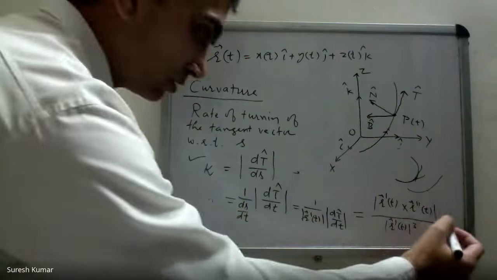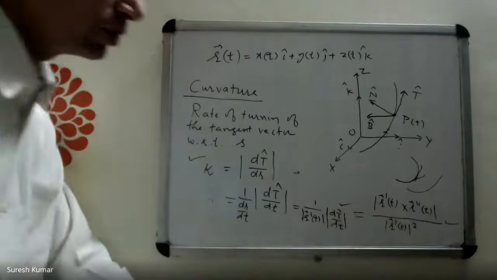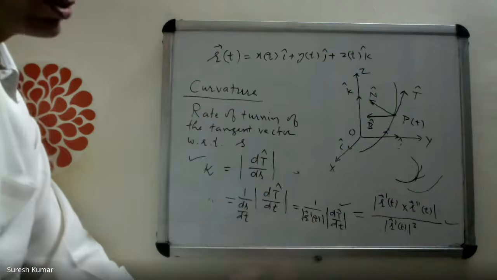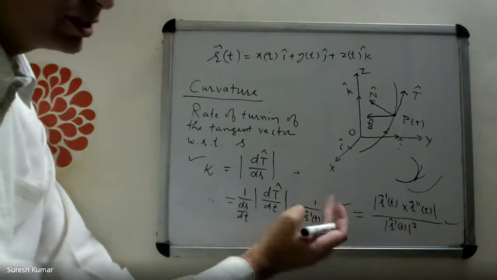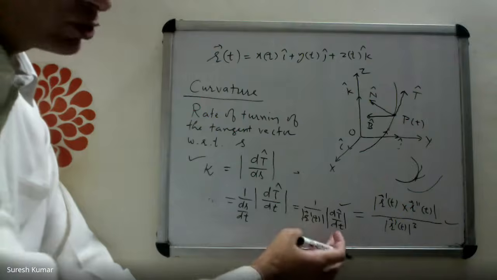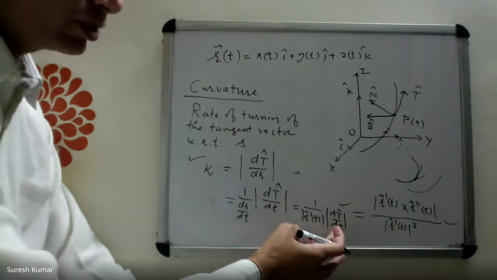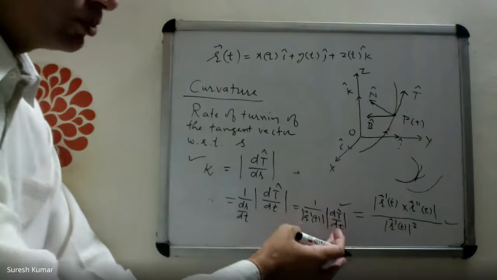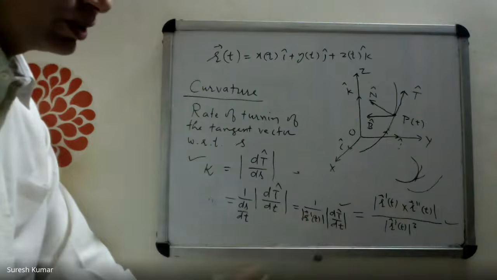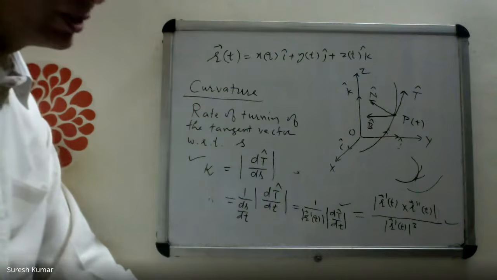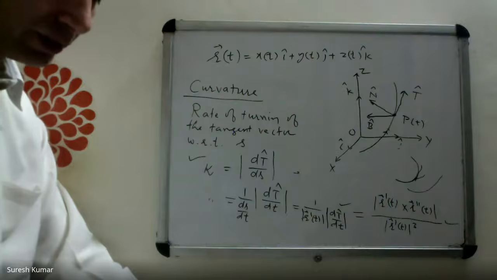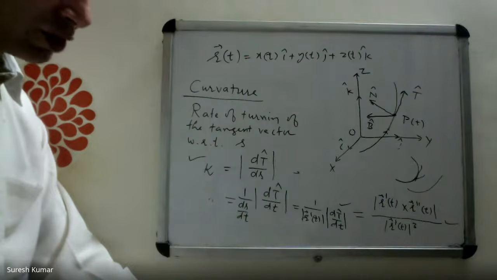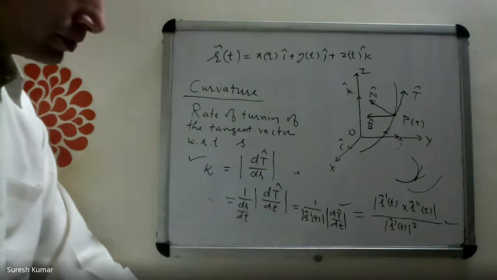So you can use this formula or this one. Usually this is very helpful because what you need here is t cap and its derivative, which you also need for finding n cap. So dt cap over dt, you already find with the first derivative with respect to t. So we will do problems on this, okay?